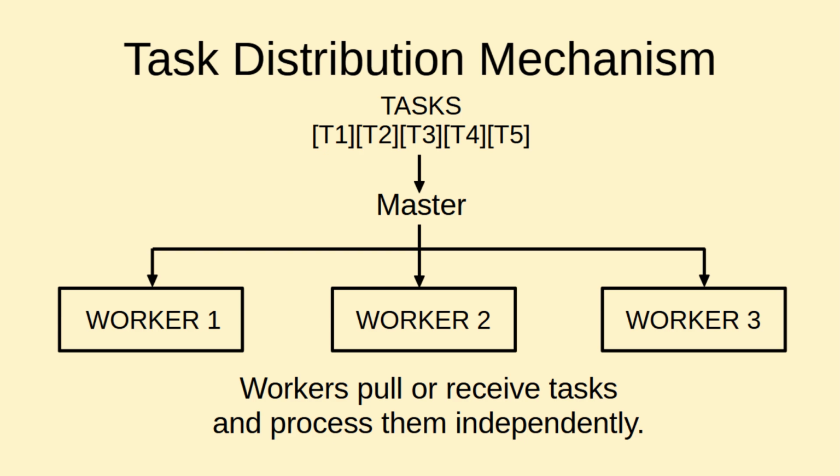The master maintains a set of tasks that need to be completed. It distributes these tasks to available workers either by assigning them directly or through a shared task queue. Each worker processes its assigned tasks independently, enabling parallel execution.